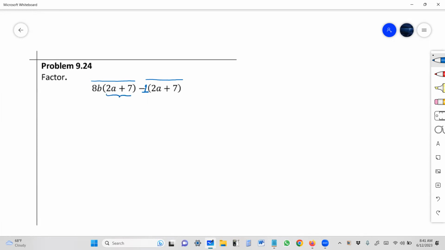Notice that this term is identical to that. So when that happens, this becomes your GCF. All you have to do is open a second set of parentheses. And this is very easy now.